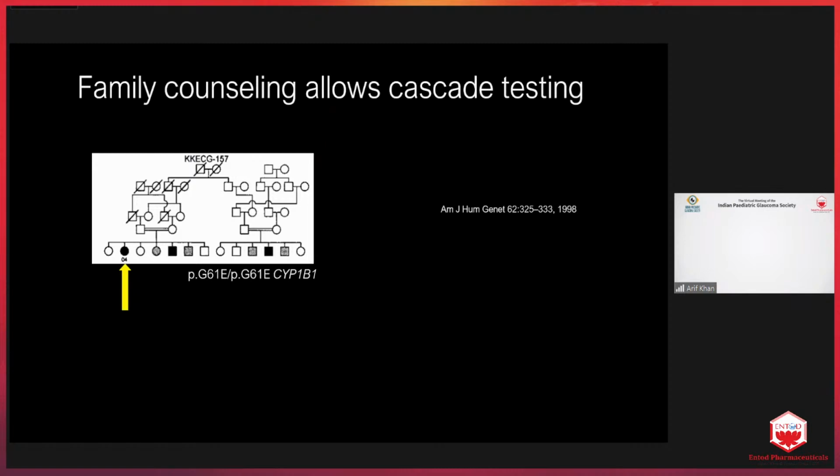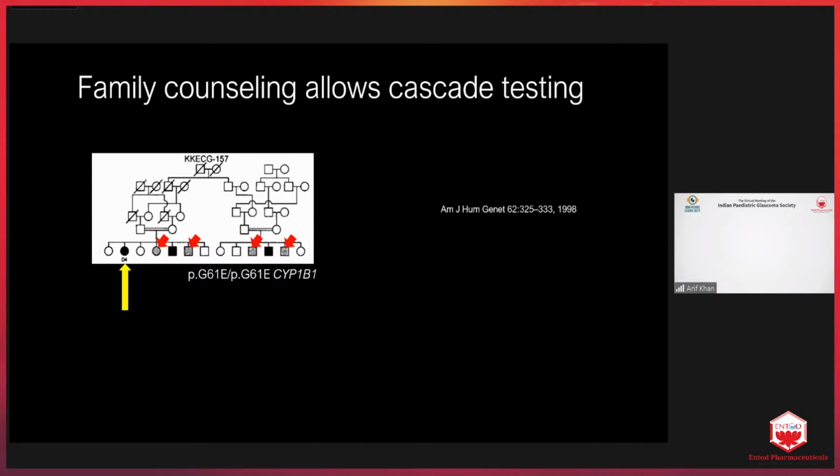Here's another example of Cascade Testing. The girl shown by the yellow arrow had primary congenital glaucoma. She's homozygous for a well-known pathogenic variant in CPAMD8. There are other family members who are known to have primary congenital glaucoma. But what's very interesting is these individuals highlighted by the red arrows.